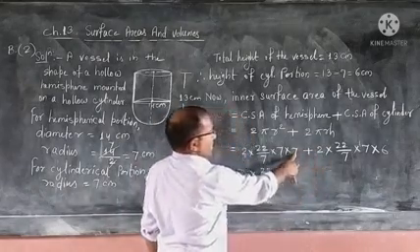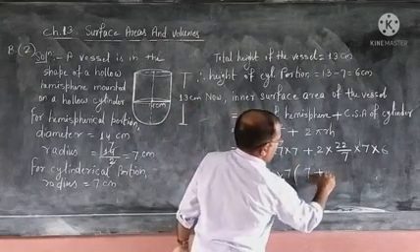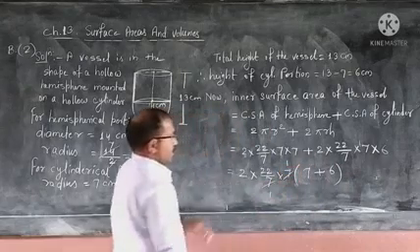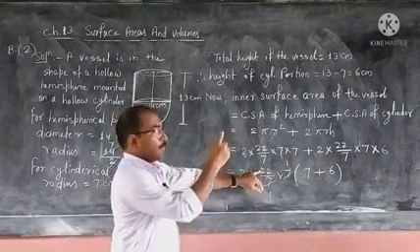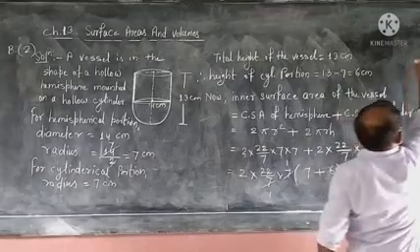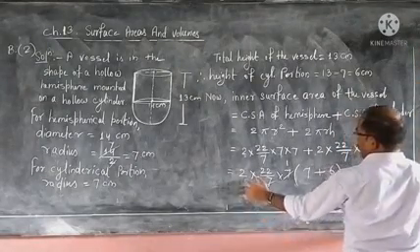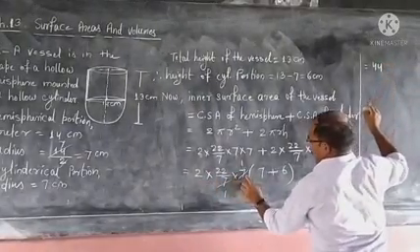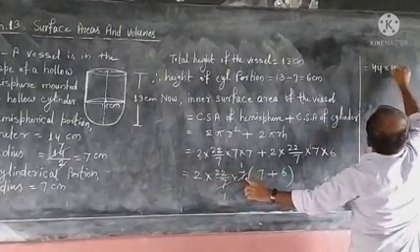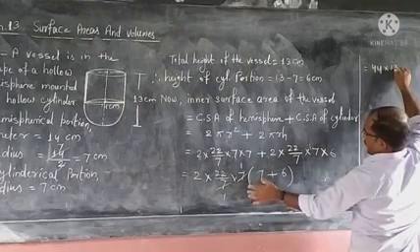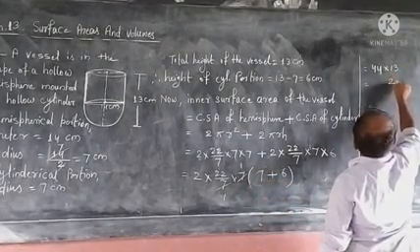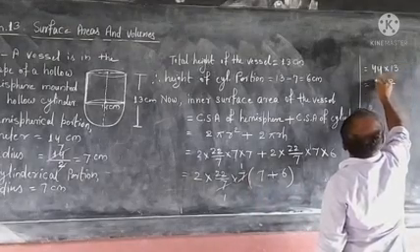So, remaining here 7 and here 6, 7 plus 6 is 13.